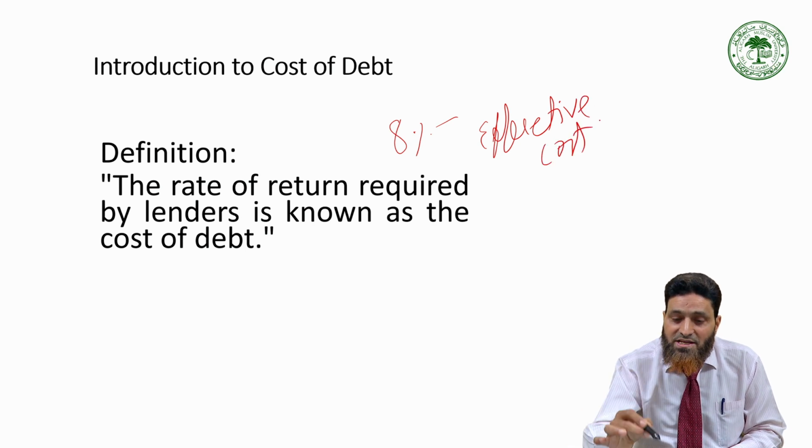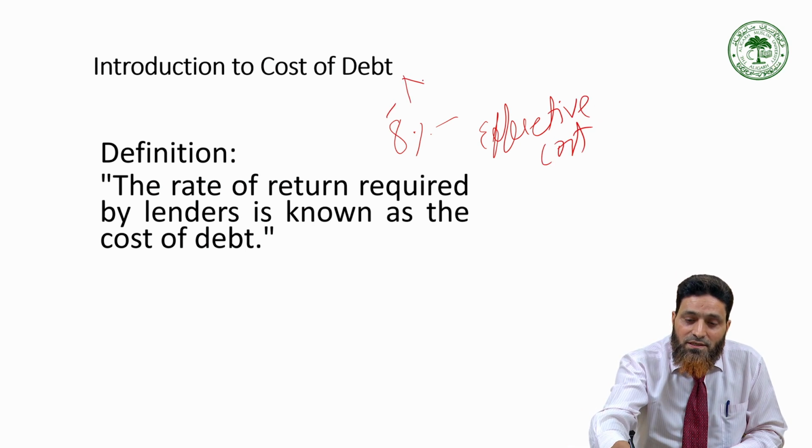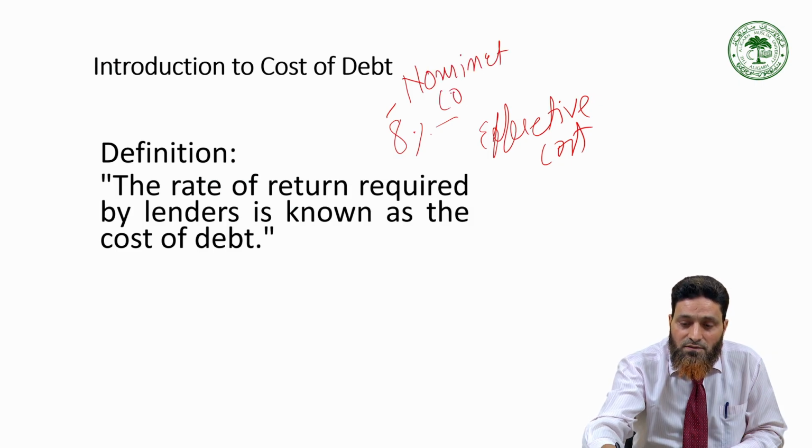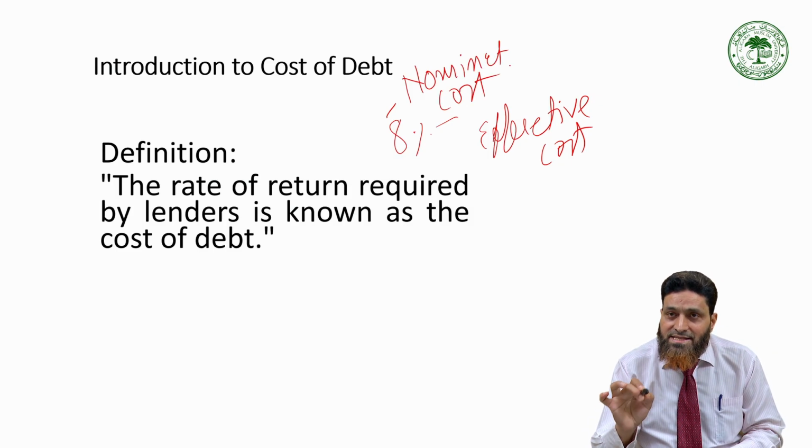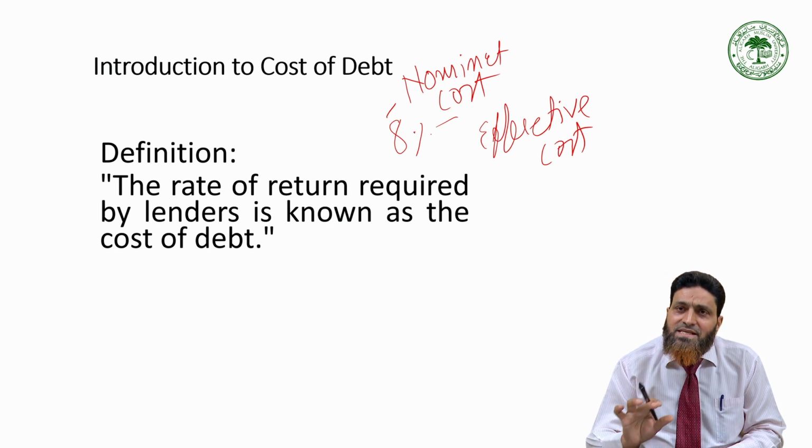Something which is visible is called the nominal cost, but this is not exactly the cost. It may be the same, but the actual cost is something else, which will be calculated with a particular process, and that cost will be called the effective cost or effective rate of return offered to the lenders of the fund. So this is the basic concept.